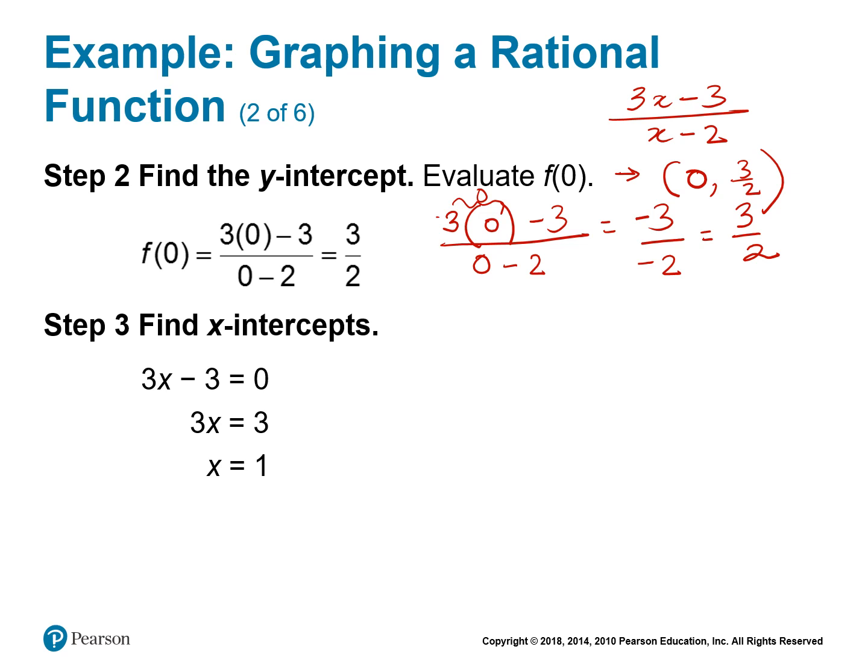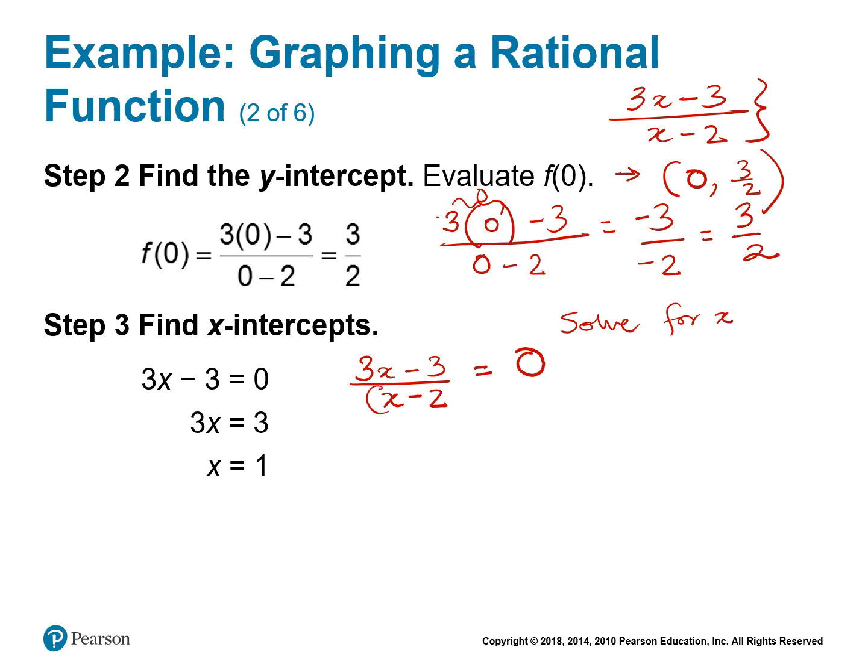Find the x-intercept. At the x-intercept, the y value is going to be 0. So what we do is we take the entire function, (3x minus 3) divided by (x minus 2), make it equal to 0, and solve for x.